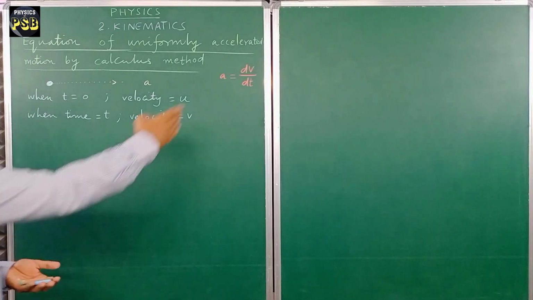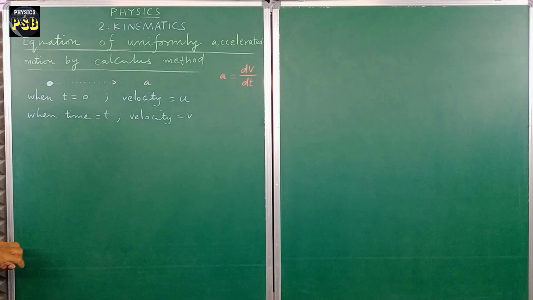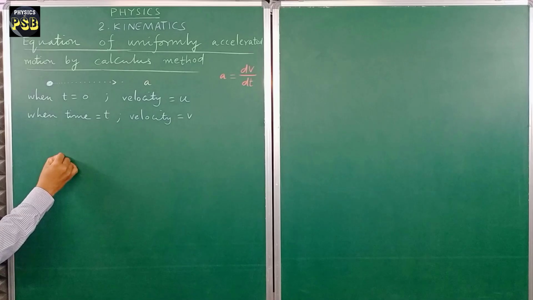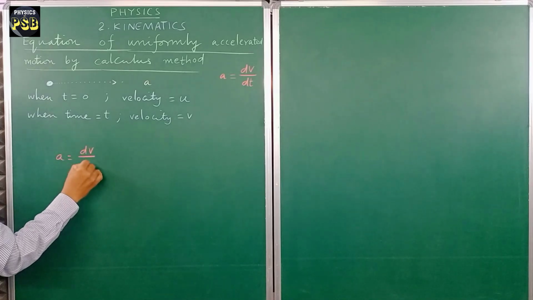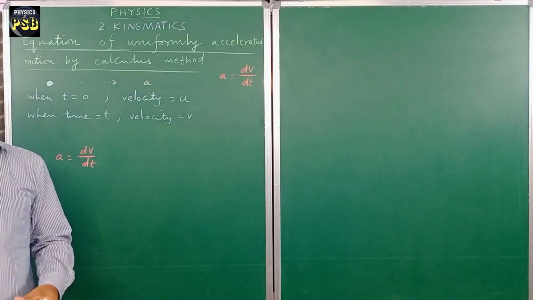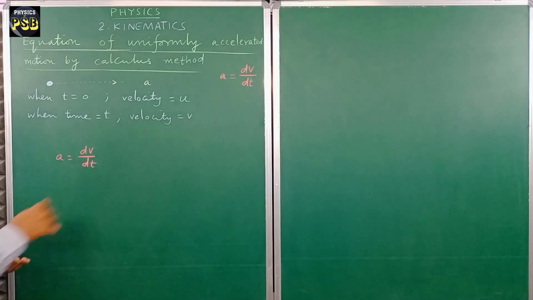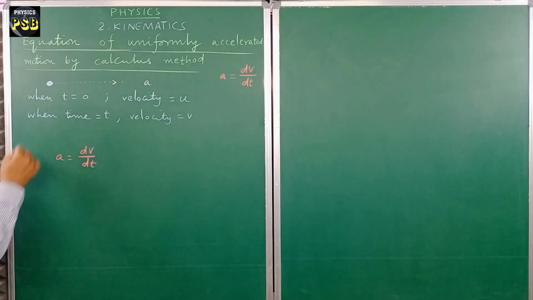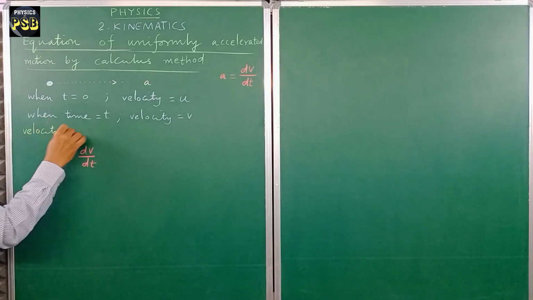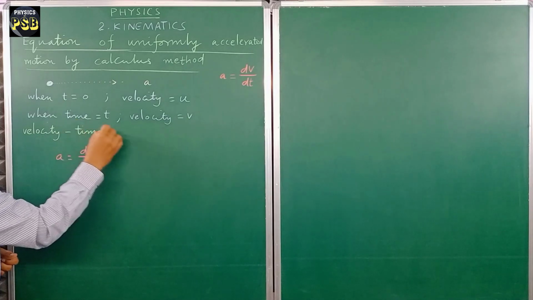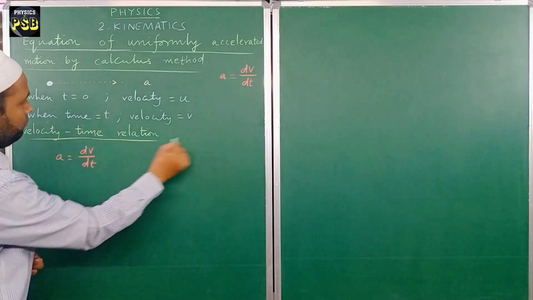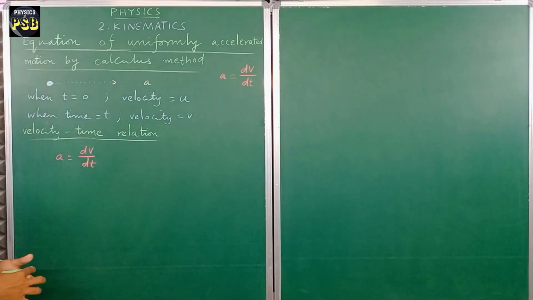I'll start with this equation of acceleration. So a equals dv upon dt. Here I'm going to get the relation between velocity and time, or the VT relation in simple words.